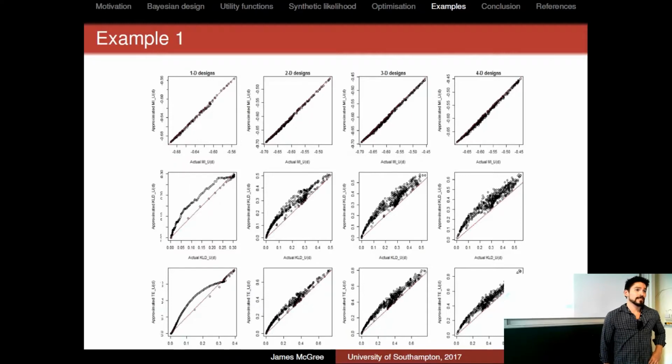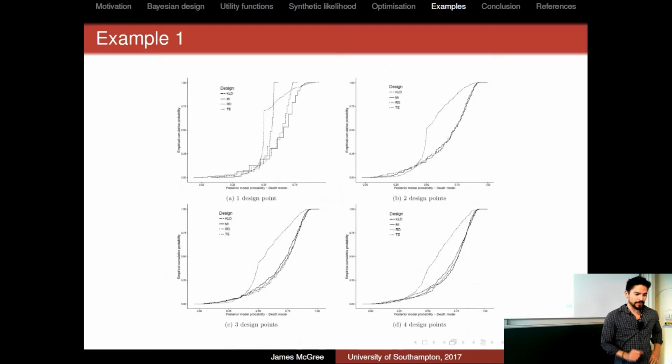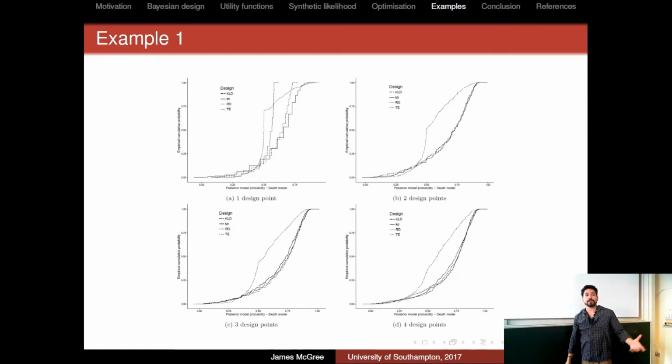Did you sort of go back and check them? Did you sort of run the designs and compare the traces and things? I wouldn't do that. No. So the way we checked them was we didn't check them for optimality, but we checked them in terms of their performance. So these plots were created for the death model and the SI model under the true likelihood, when you can evaluate the likelihood. Okay. So there's no synthetic likelihood approximation in getting these posterior model probabilities.